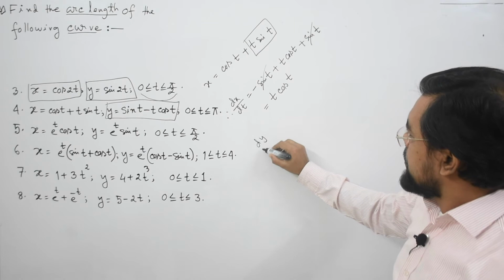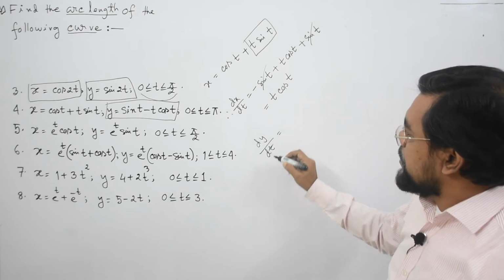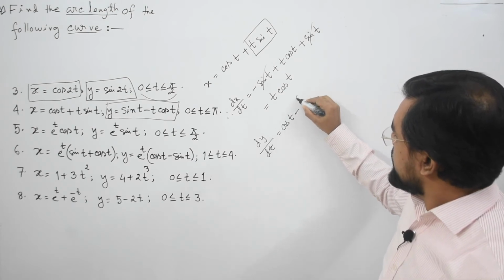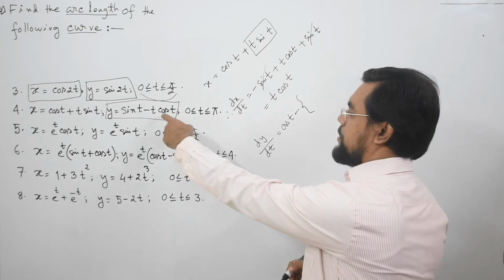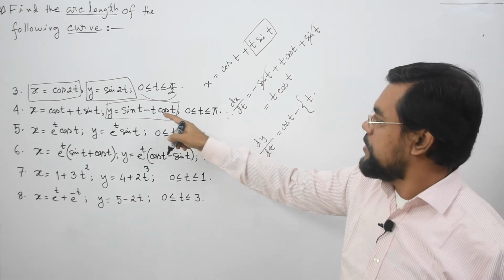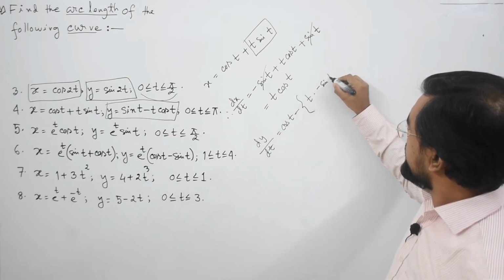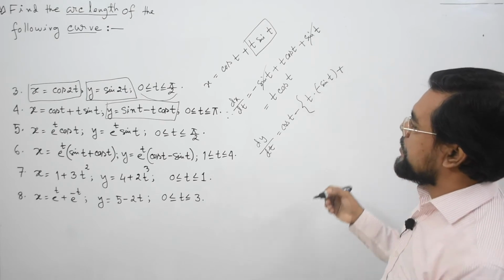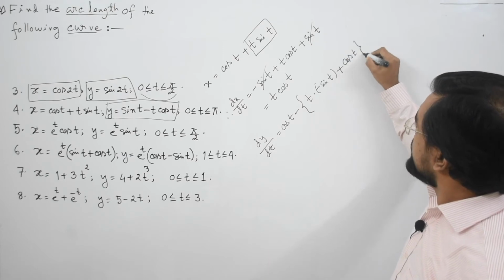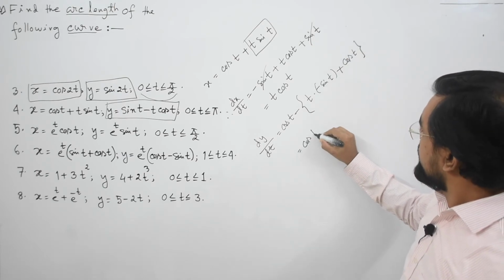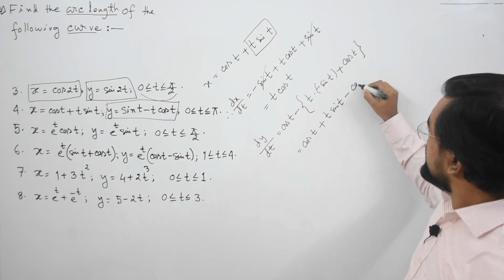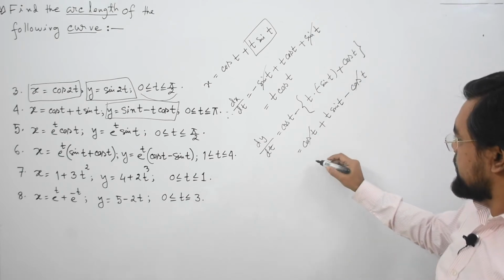And again, dy by dt is equal to the derivative of sin t, cosine t minus, we can use the product rule again here. So t times the derivative of cosine t, which is minus sin t, plus cosine t times the derivative of t, which is 1. So cosine t plus t sin t minus cosine t, this one and this one will cancel.